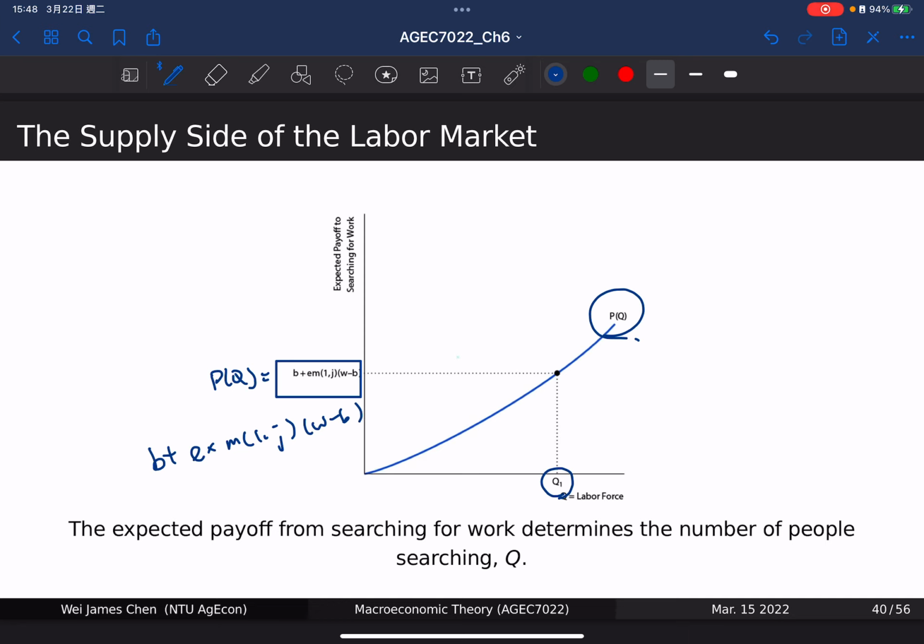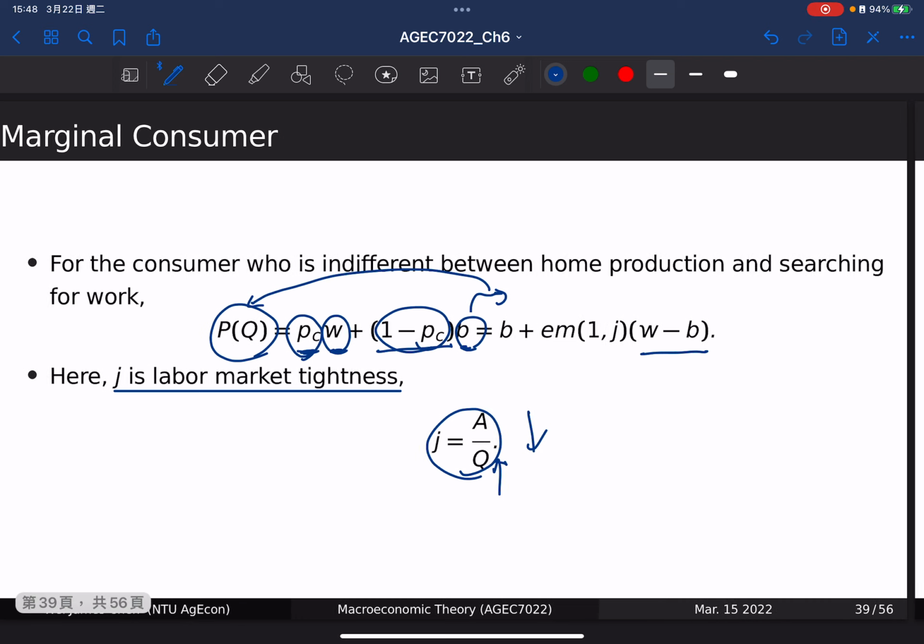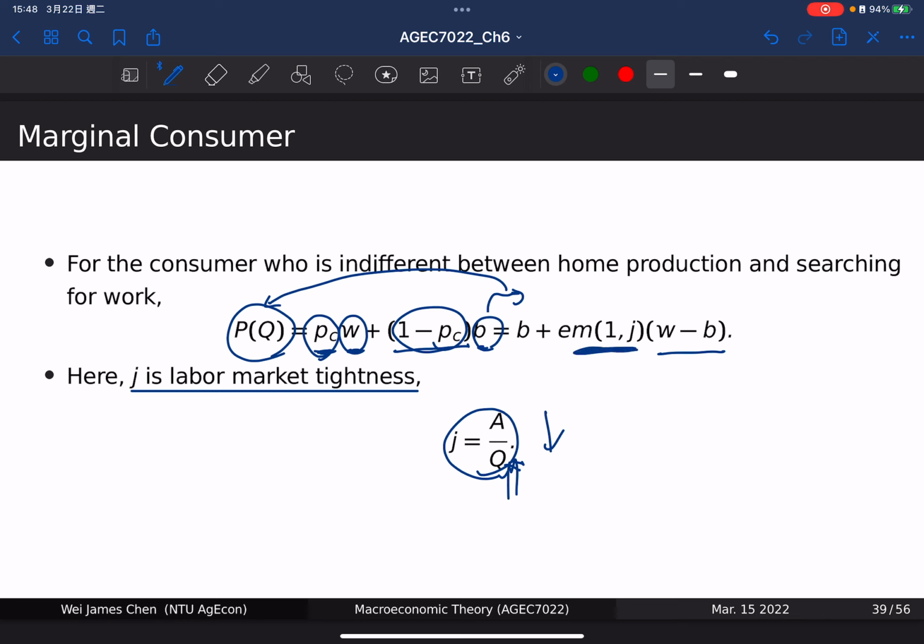Okay, so when Q is higher, it must be the case that the chance is lower, right? When Q is higher, the chance that you actually get a match must be lower. Because for M(1,J), when Q increases, this J decreases. Q increasing means there are more people trying to find a job. Do people understand what I'm saying right now?